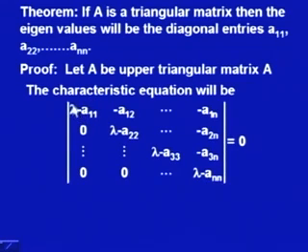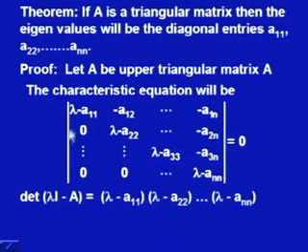And then the characteristic equation is determinant of lambda I minus A. So, we will have lambda minus A11, lambda minus A22 and so on in the diagonal terms, and all the other terms will be simply negated. If you expand this determinant, it comes out to be lambda minus A11.